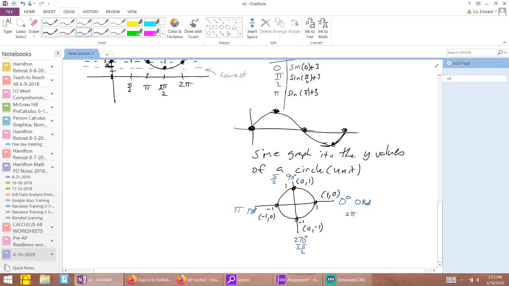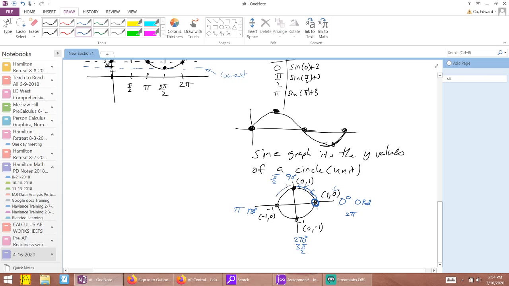Now, here we go. If we start over here at 0, what's the y value? The y value is 0. And if I start moving up to pi over 2, remember, we are turning in radians. We're turning pi over 2. What's the y value now? The y value is 1.